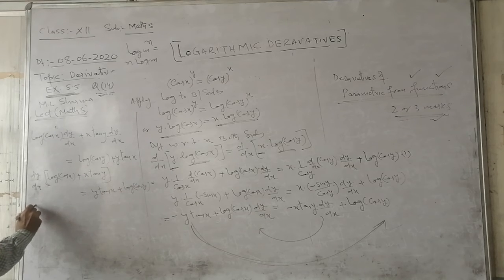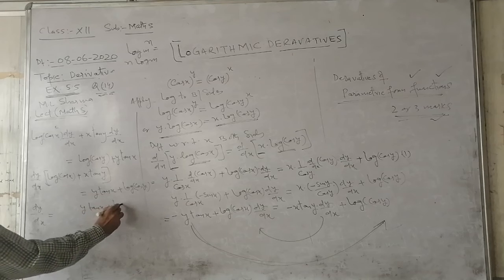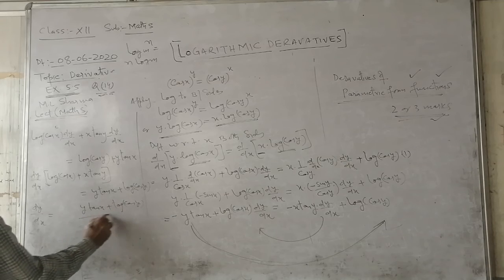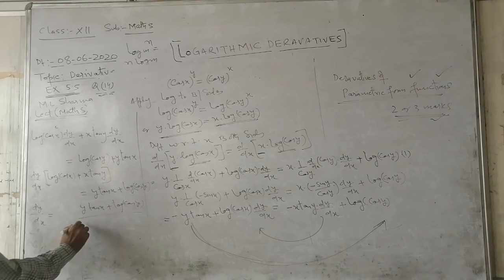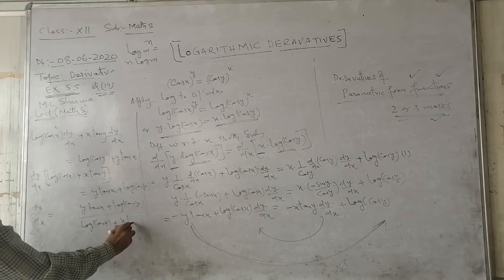So my dy upon dx will finally equal y tangent x plus log of cos y upon this term, log of cos x plus x tangent y.